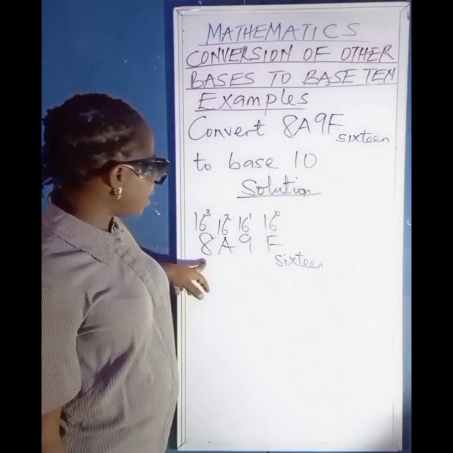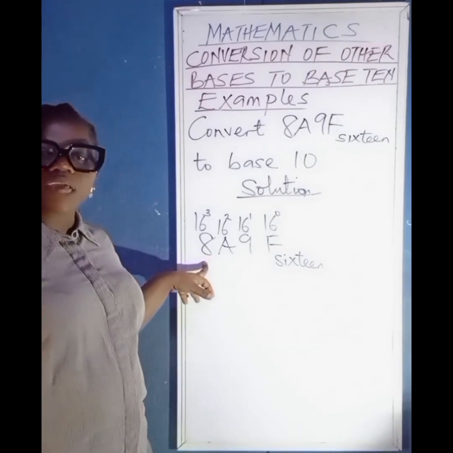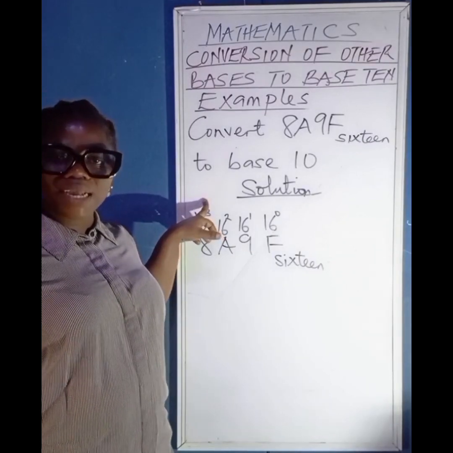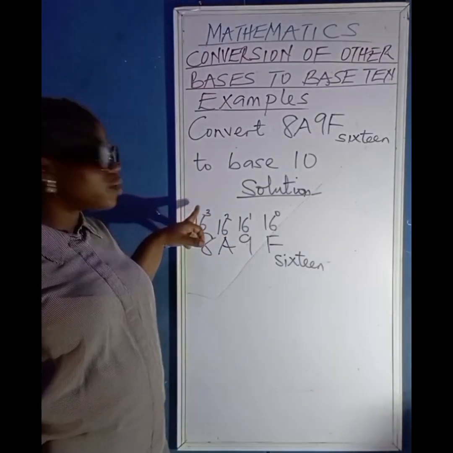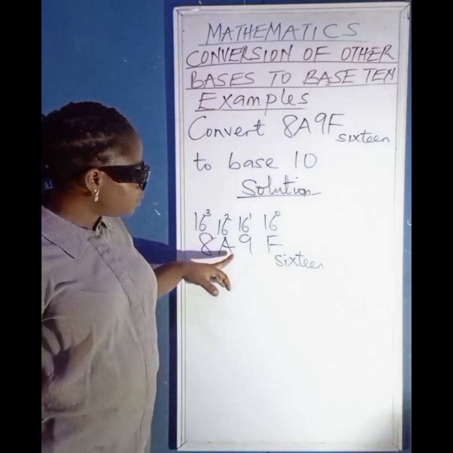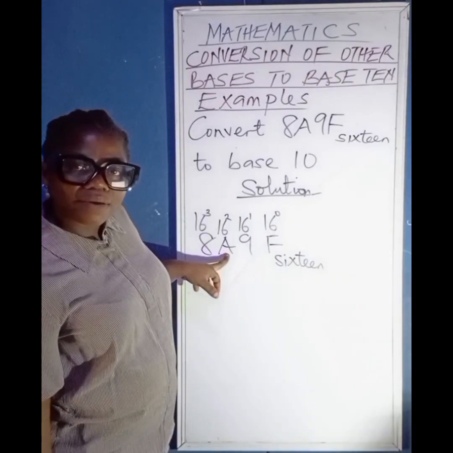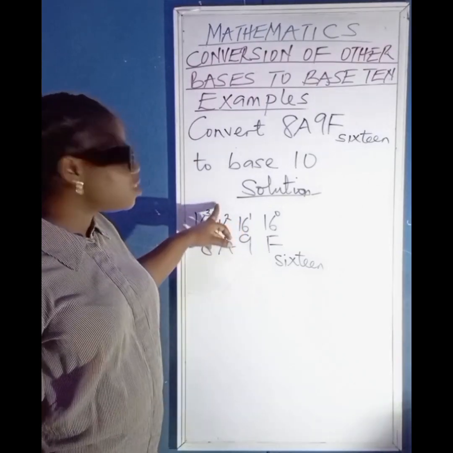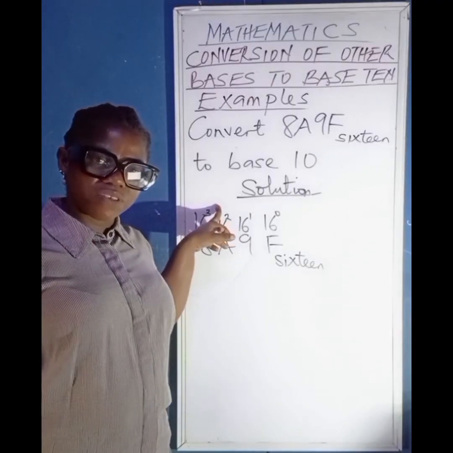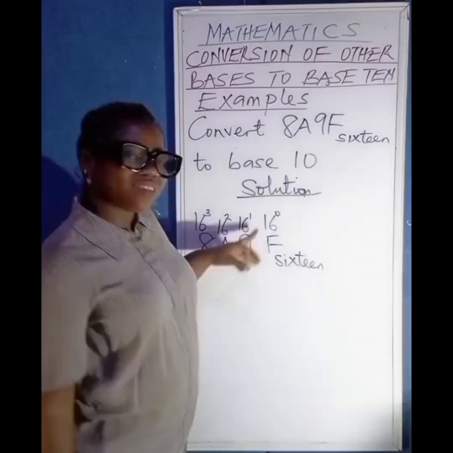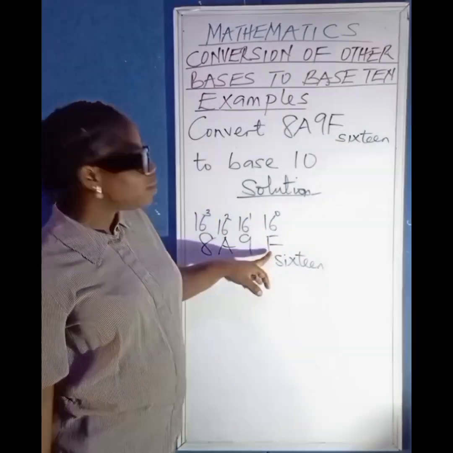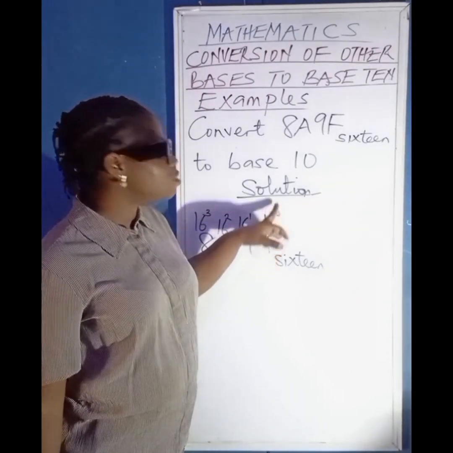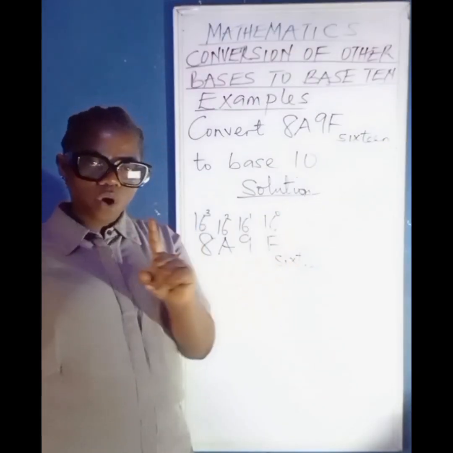The value of 8 here is 8 times 4096, because 16 raised to power 3 is 4096. A is 10 times 256, because 16 raised to power 2 is 256. This is 9 times 16, and this is F, which is 15 times 1, because 16 raised to power 0 is equal to 1.